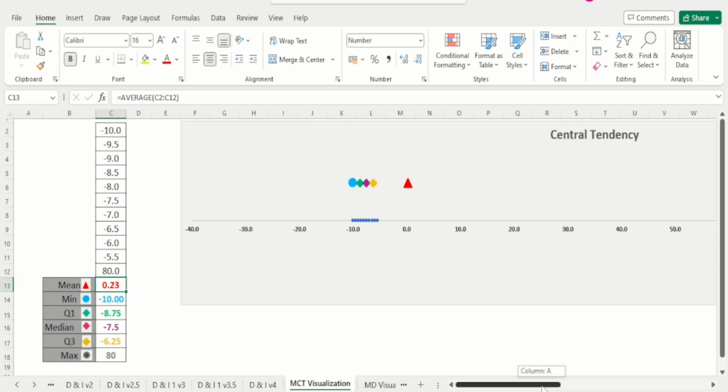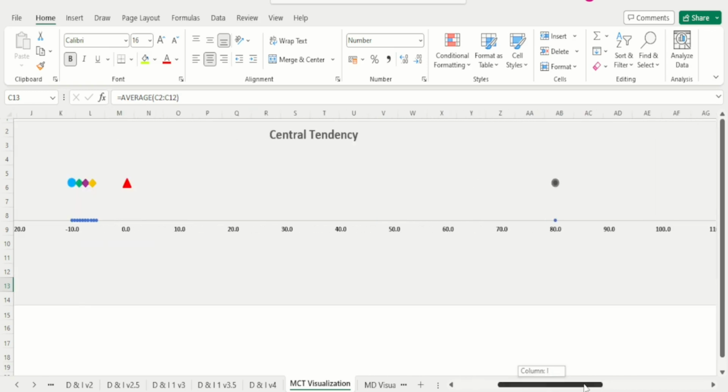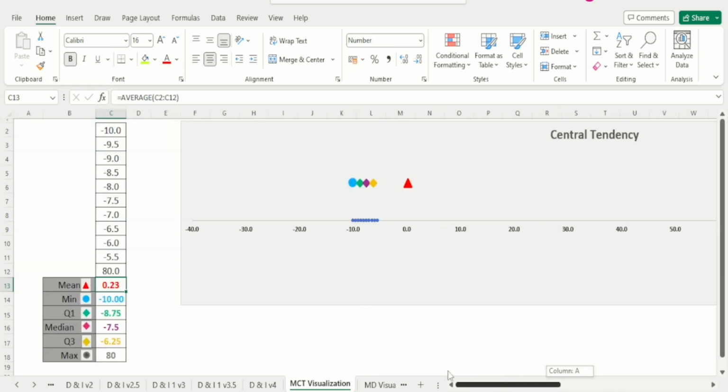And then you have one data point which is right there at 80, right? In this case, what happens is, if you see, the mean has shifted far away from this data cluster. Why? Because the mean is an average, right? That one single large value is skewing the mean. On the other hand, look at the median. The median at minus 7.5 is still relatively much closer to this clustered data set.